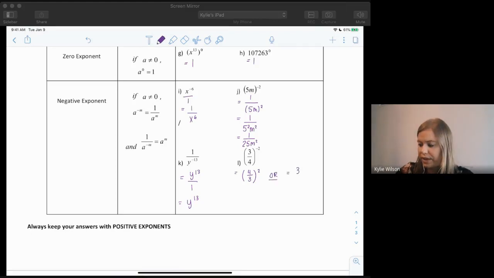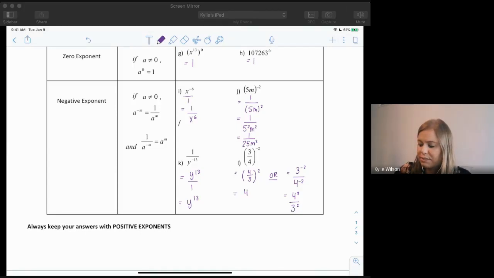I could apply that -2 to both my numerator and my denominator. Now it's telling me that both of these are on the wrong side. So the 4 is on the wrong side and it has to go to the numerator. The 3 is on the wrong side, so it has to go to the denominator.